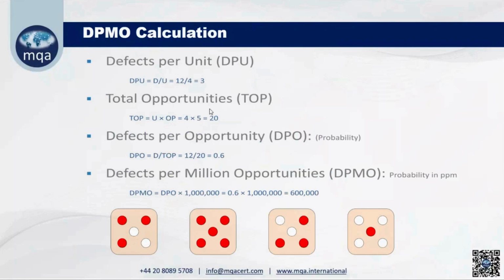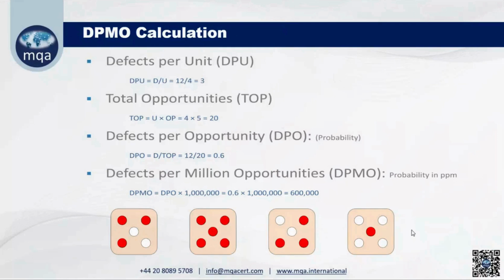Now the total opportunities. What is the total opportunity? There are 4 parts with 5 opportunities in each part, so 4 into 5 is 20 opportunities. A red dot is a defect, and a red one can appear anywhere, so how many red ones are possible? 20, since it is 4 parts with 5 in each part.